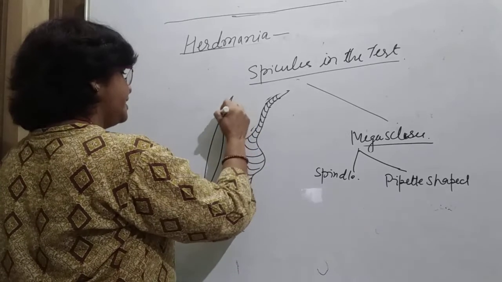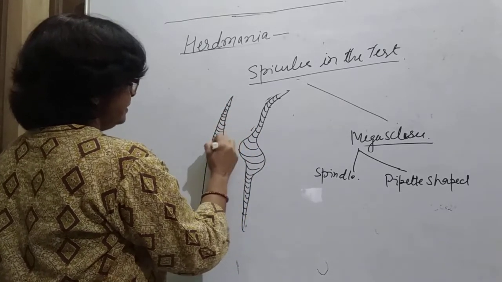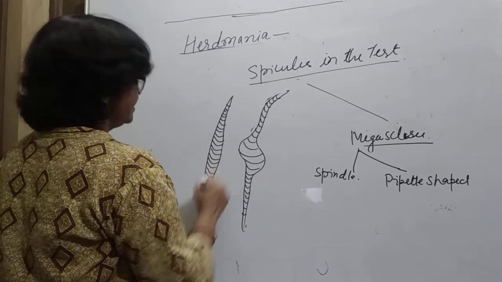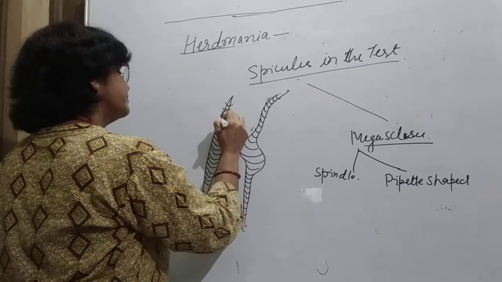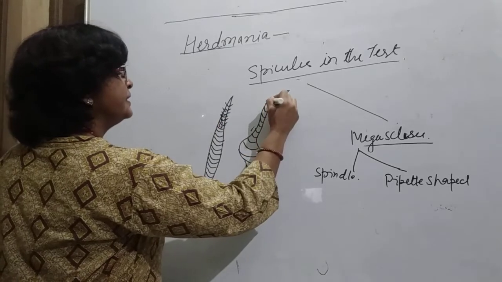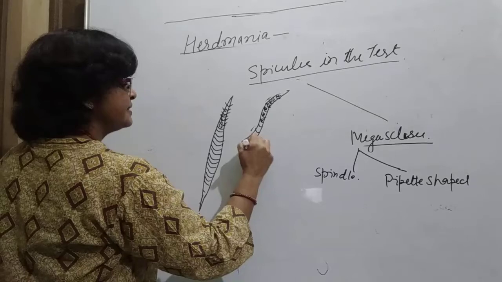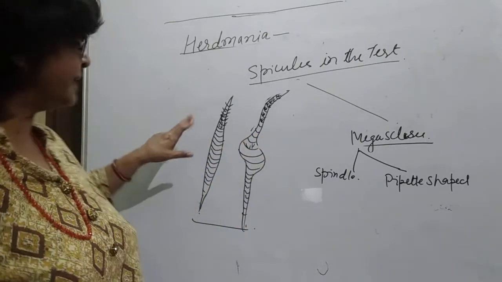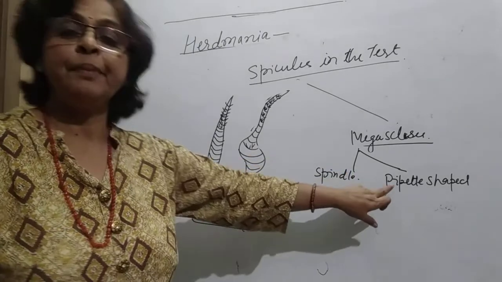We can make the diagram, because you know in zoology nothing is without diagrams. So you can make it like this. In this diagram also you can complete it like this. So there are two types of megascleres, one is the spindle shape and second is the pipette shape.